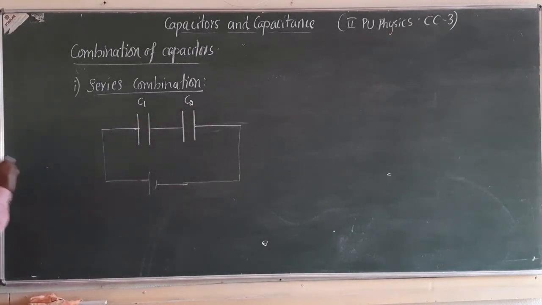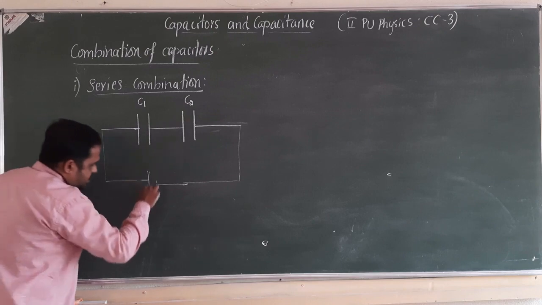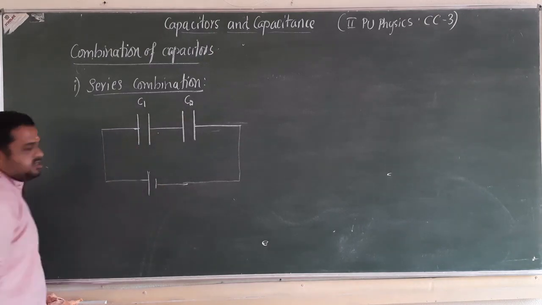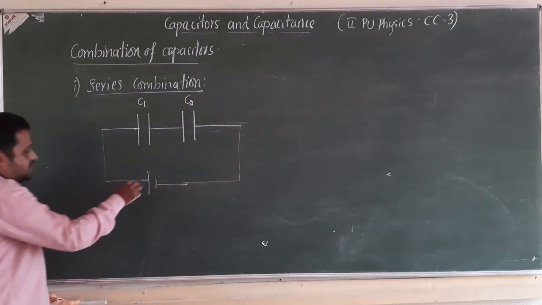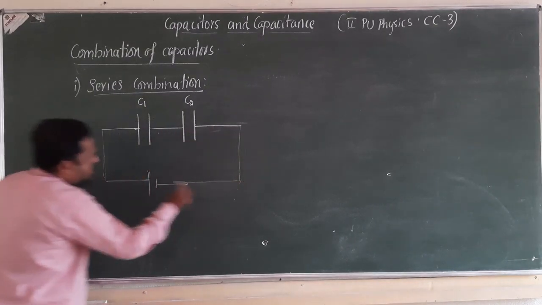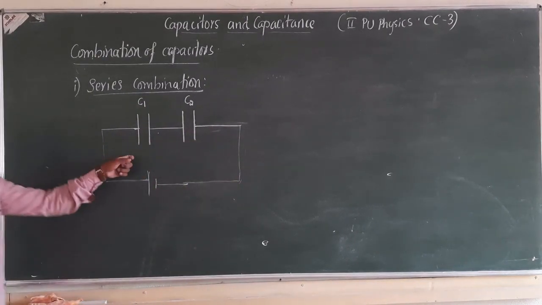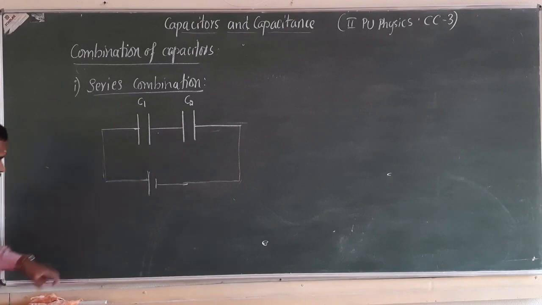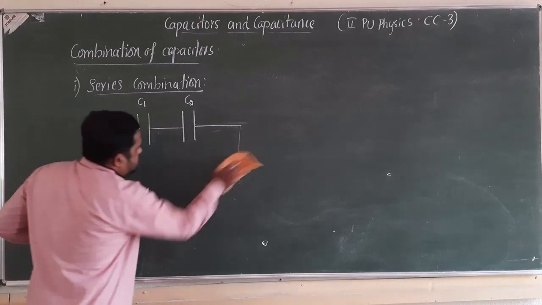For the flow of charges from one point to another, a closed path is required. So if you connect a battery to this combination of capacitors, only one path is available here. Now this combination is called series combination of capacitors.